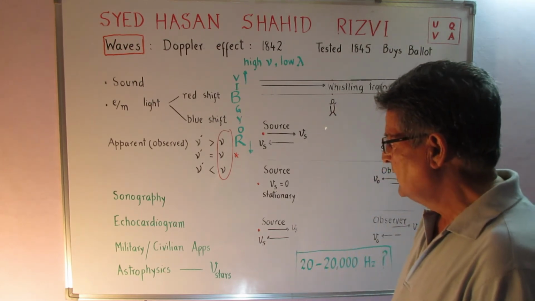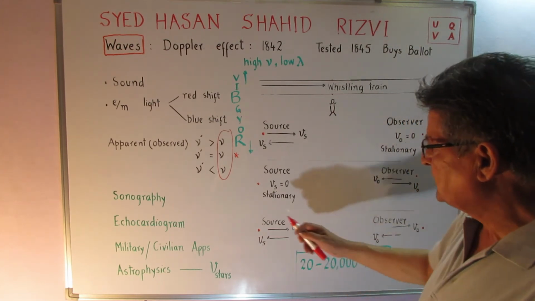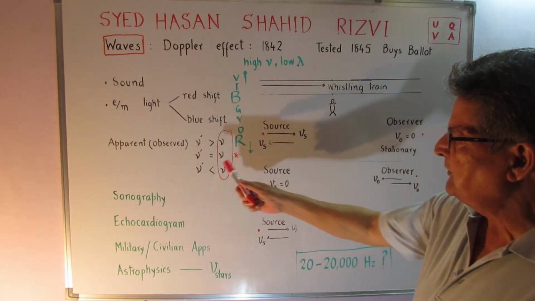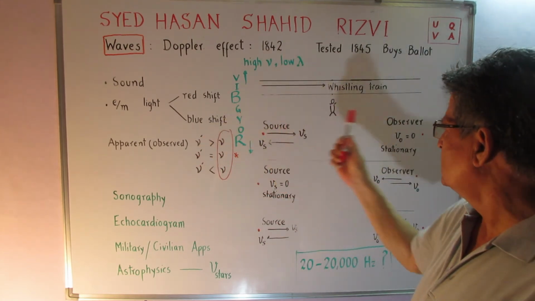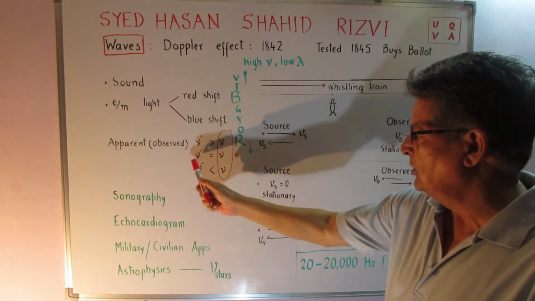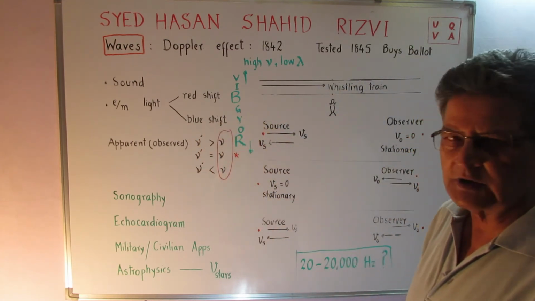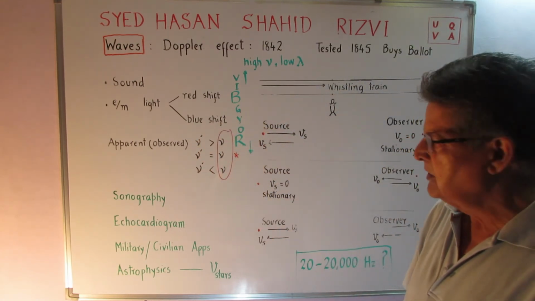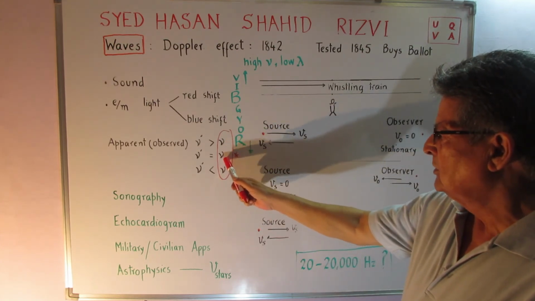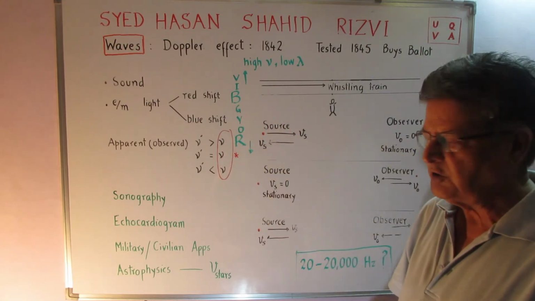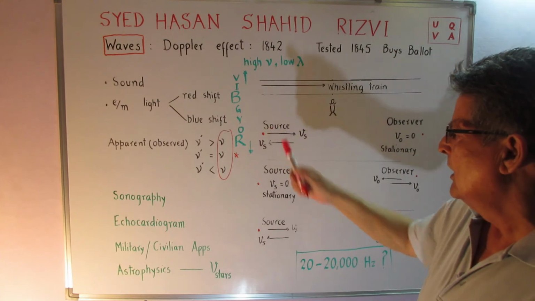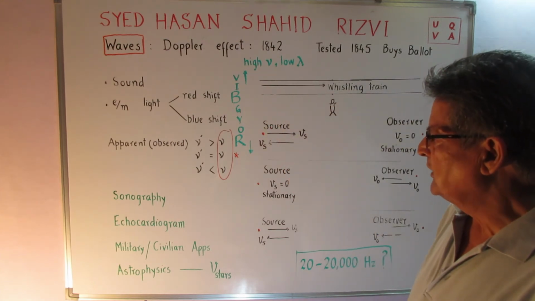This means that relative speeds also matter, and when the relative speed between the source and the observer is equal to 0, then the apparent frequency which we perceive is equal to the produced frequency which the source is producing.